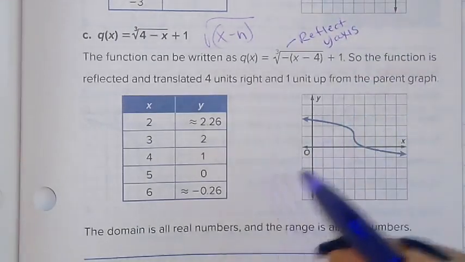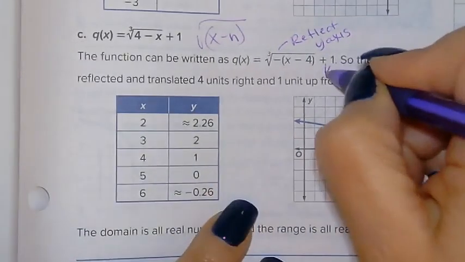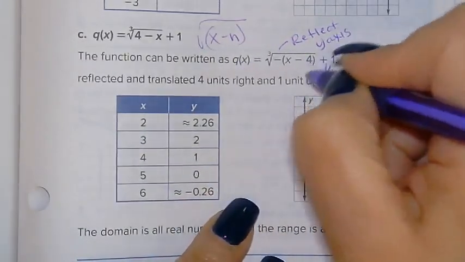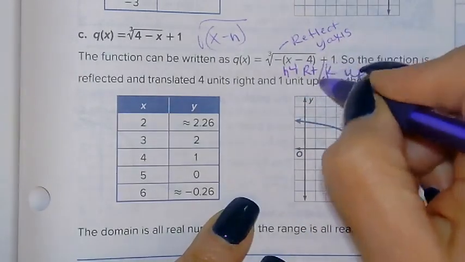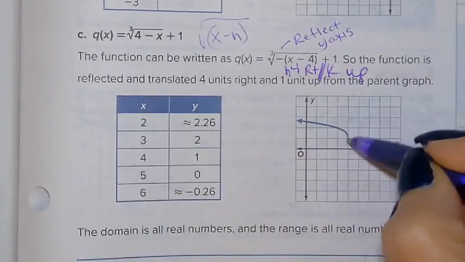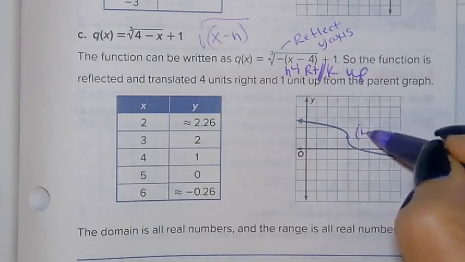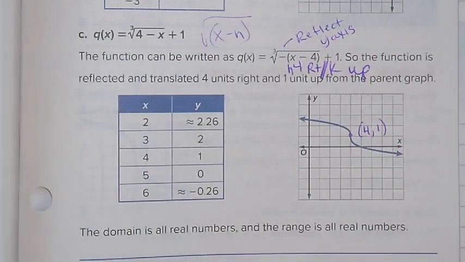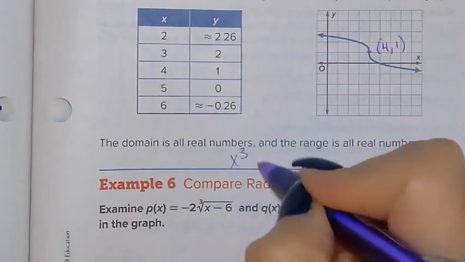This is our k, so it moved up. This is our h, so it moved right. Okay, so what would be around 0, 0 is now 4, 1. Again, all cube root. Domain and range are all numbers.